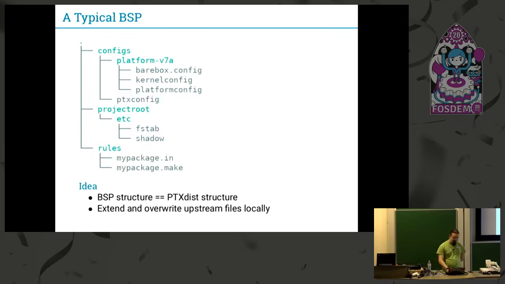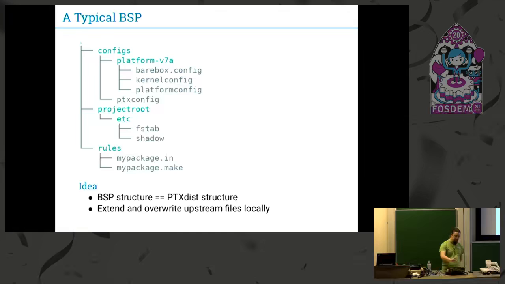Yeah, and then there's this folder in between here, project root. I will come to this later. This is basically everything which you want to overwrite, but I will say something about this later. Yeah, and the basic idea is that your BSP directory structure is structured exactly like the PTXdist upstream structure.